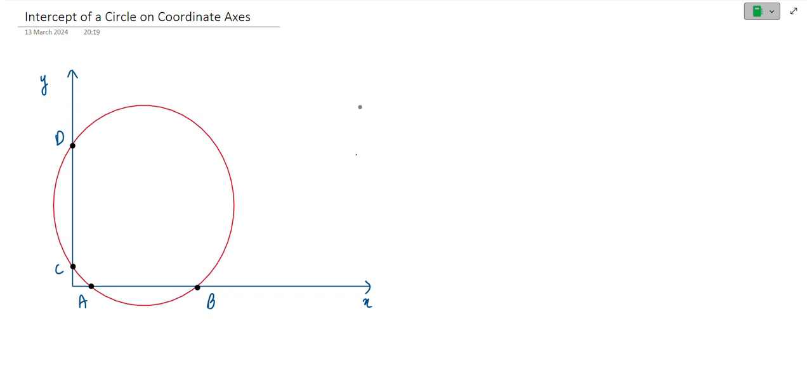So the length of AB is the intercept made by the circle on x-axis.